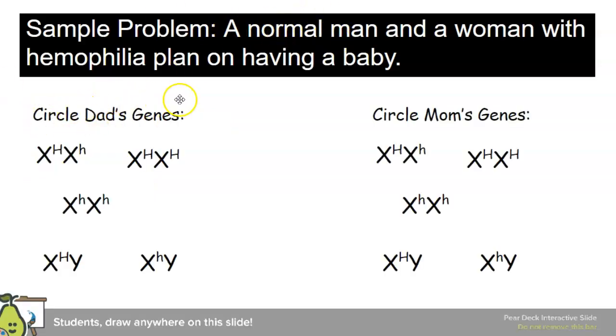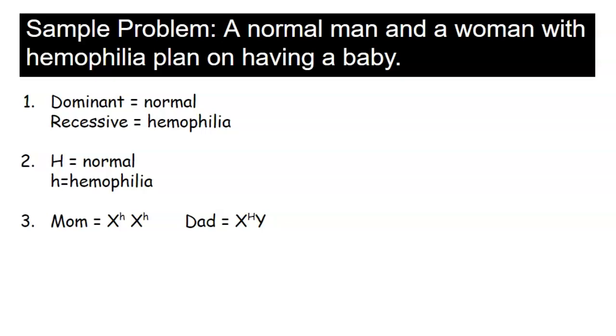Remember, Dad, the man, has to have an X and a Y, and he's going to be normal. So he's going to be XY with a big H. This is Dad's genes. The woman has hemophilia, so the mom has to have two X's. In order to have hemophilia, those are both recessive genes, so she's going to have little h, little h. So we have the parents, and we do the same thing, with the big X and the little letter.